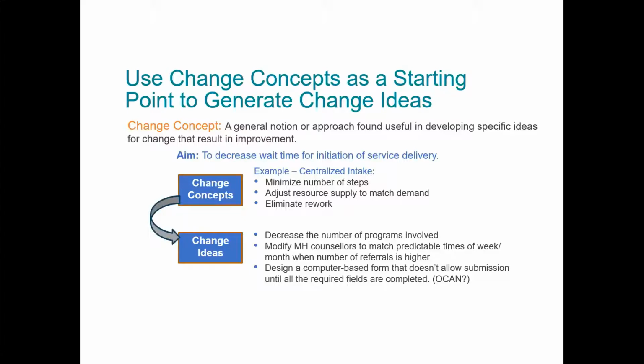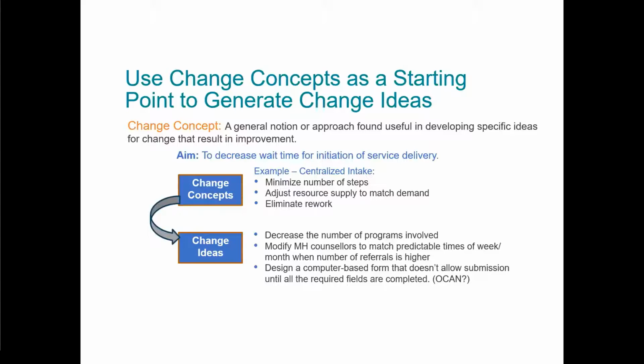So just remember that in order to prove your theory about that concept, you'll need to think about those tests of change. In this example, we have the aim to decrease wait time for service initiation. Examples of change concepts that you might pull from would be to minimize the number of steps at central intake, adjust the resource supply to match the demand, and eliminate the rework.